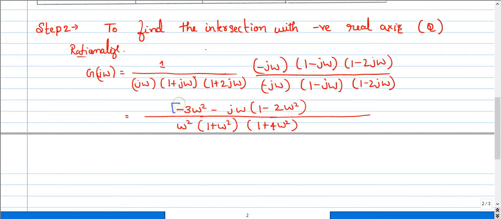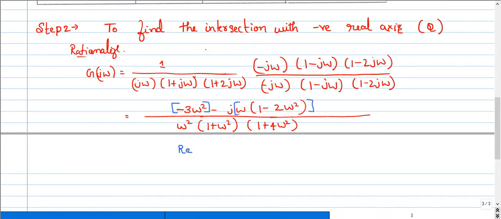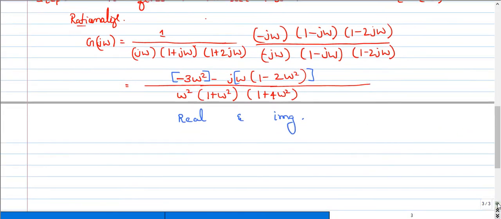So this complete part I call the real part, and this part the imaginary. Let me rewrite the same equation with real and imaginary parts.